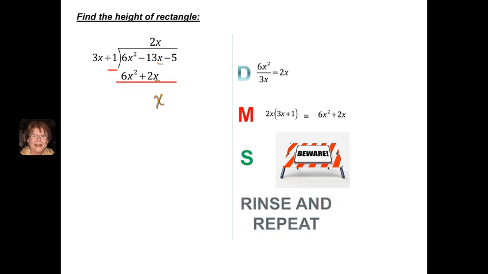Ignore it, then take your calculator if you're having issues. Minus 13 minus a positive 2 is negative 15. So when we subtract, this is what we obtain. Then we rinse and repeat. Try the next step.